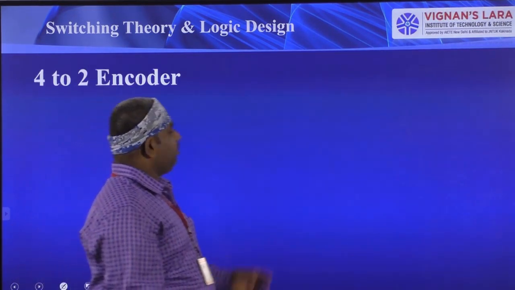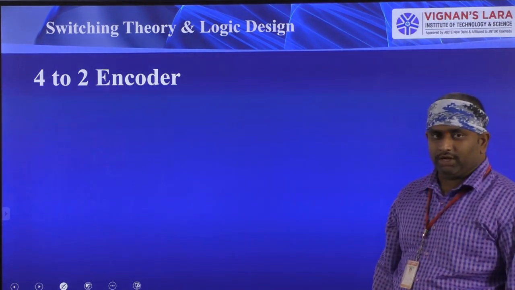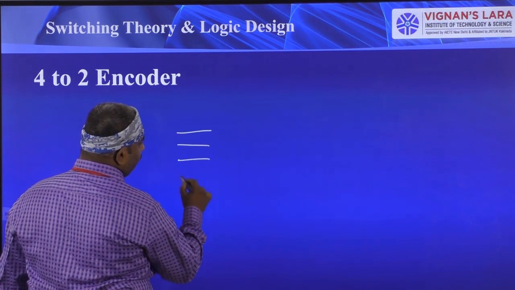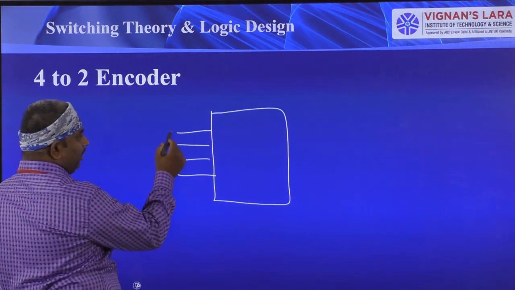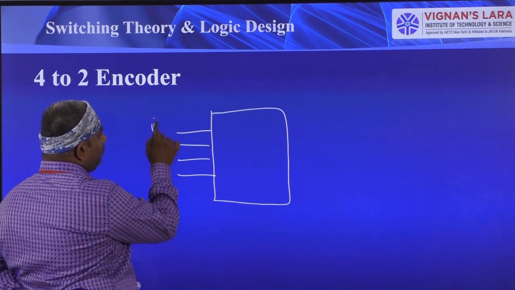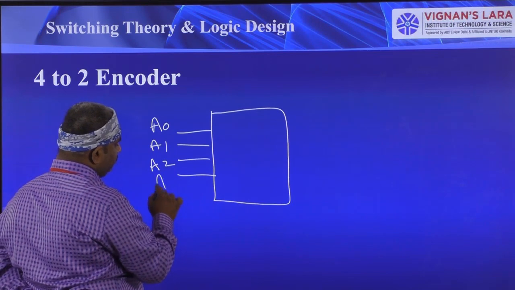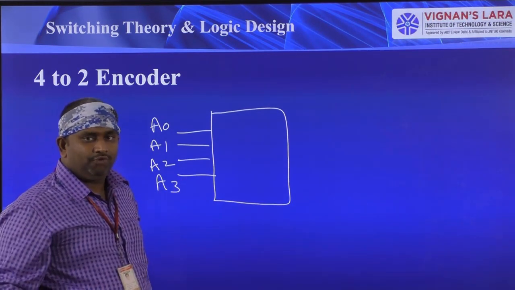Now we will see the 4 to 2 encoder. Here I am saying that there are 4 inputs, 1, 2, 3, 4. These 4 inputs are available for this encoder. For example, A0, A1, A2, A3. So in total I have 4 inputs.